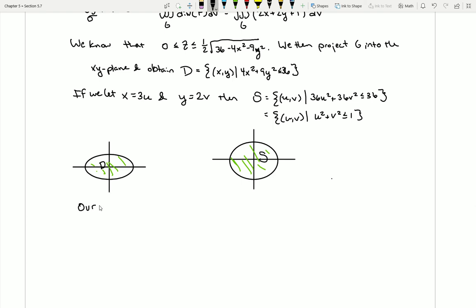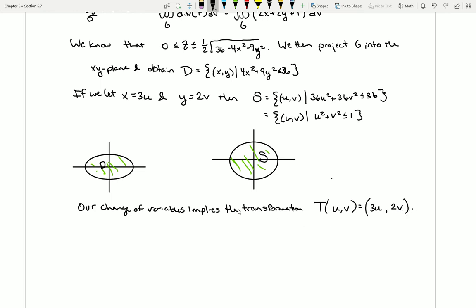So I'll write here, to finish this off, that our change of variables implies the transformation T, which takes in u's and v's and spits out x's and y's. It takes in u and does 3 times u to get x, and 2v will produce the value of y.